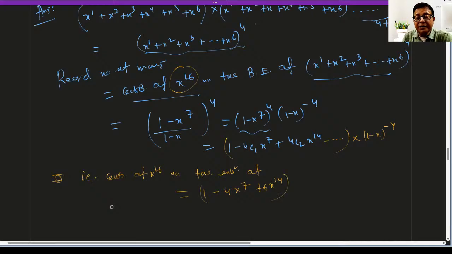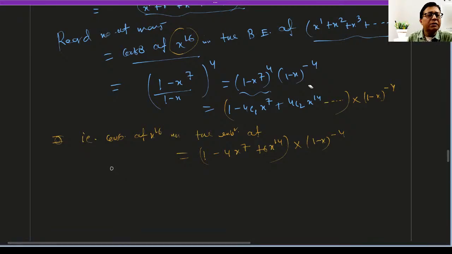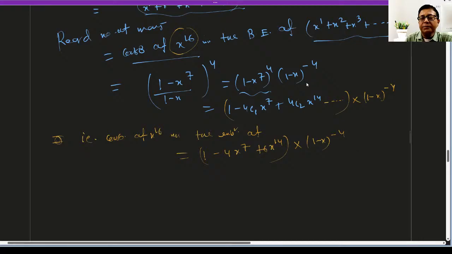I am not writing the other terms. (1 minus x) to the power minus 4. Okay? (1 minus x to the power 7) to the power 4 by (1 minus x) to the power 4. Now 1 into x to the power 16 only is required. x to the power 7 into x to the power 9 is required. And this into 2 is required. Then the purpose will be solved.